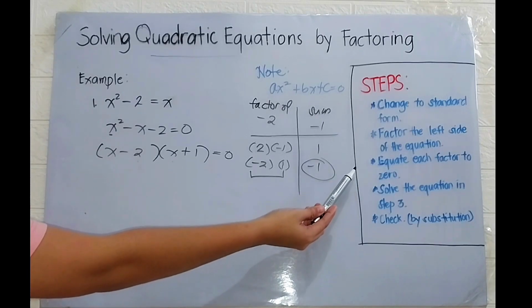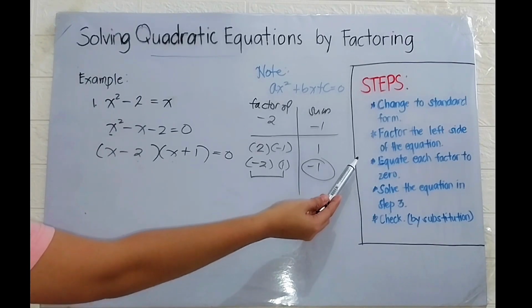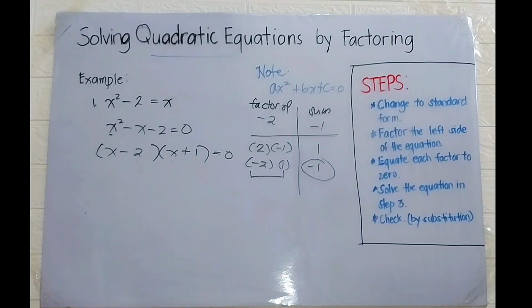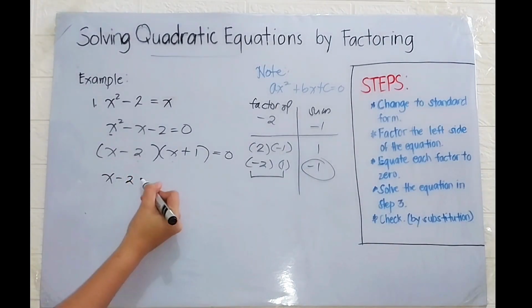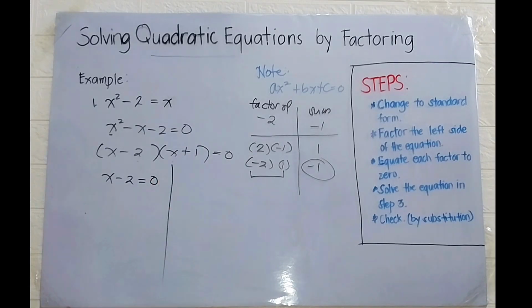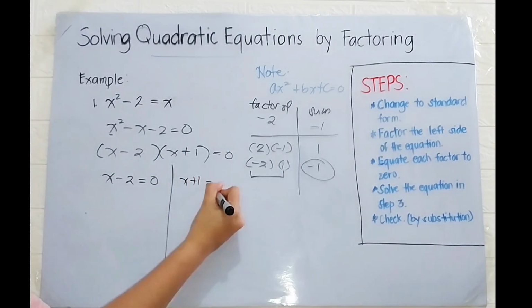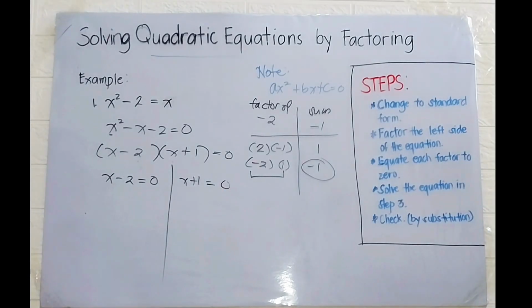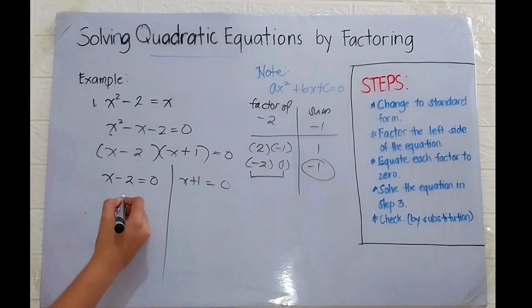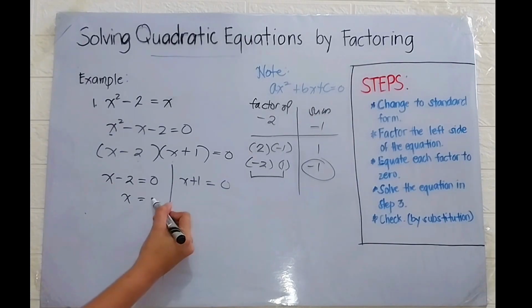Let's go to the third step, which is to equate each factor to 0. The first factor is x minus 2, equate it to 0. And then the second factor is x plus 1, equate it to 0. We're done with equating to 0. Let's solve the equations in step 3, using again the addition property of equality, or we call it transposal. So, x equals, from negative 2, it will become positive 2.